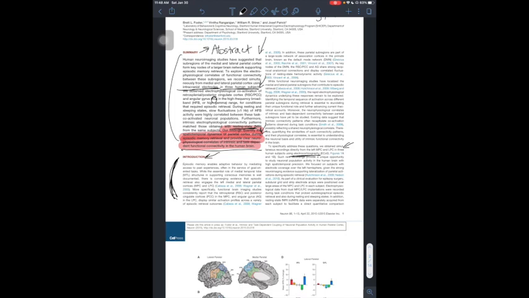So it talks about how this information is recorded, and here we learn that the participants typically used for ECOG are individuals who are going into epilepsy surgery.